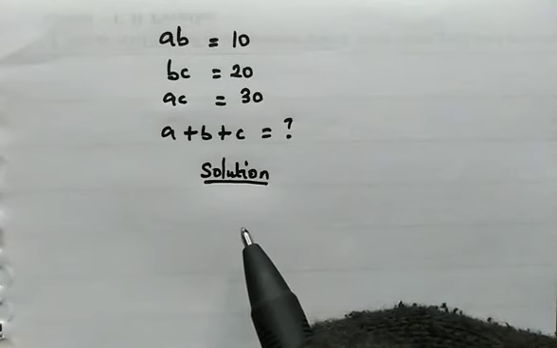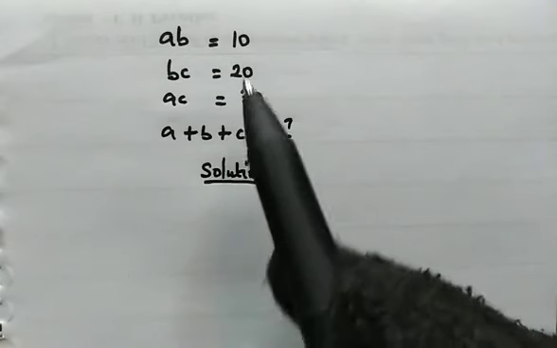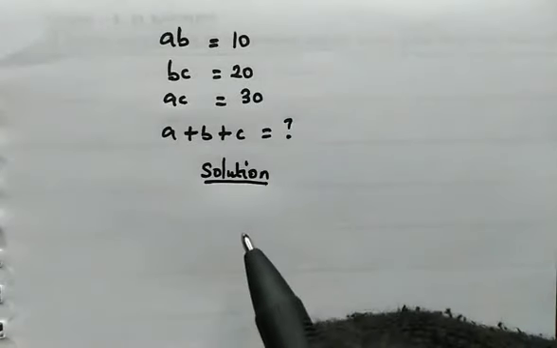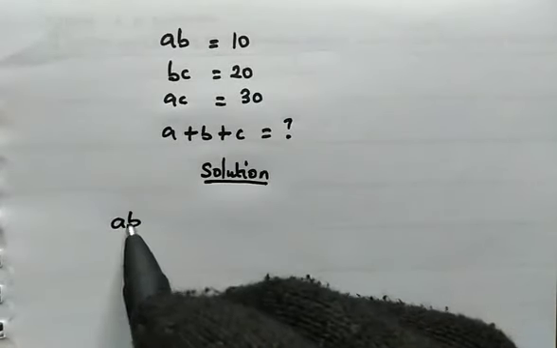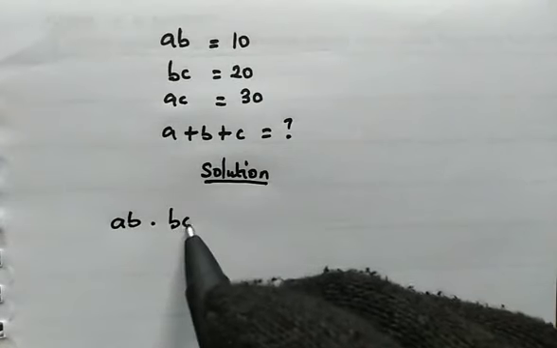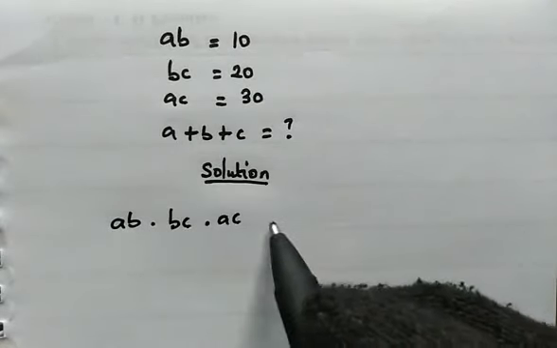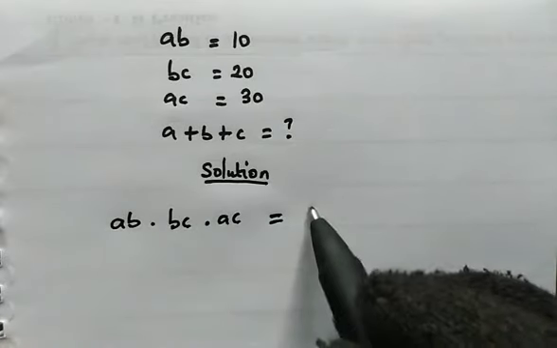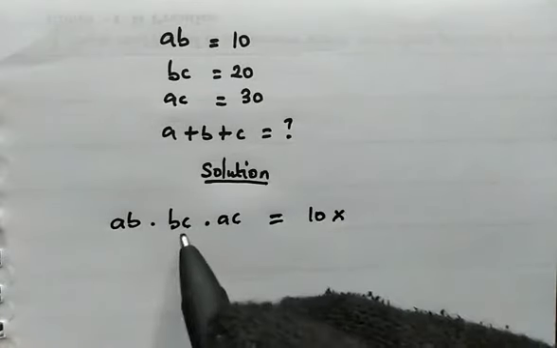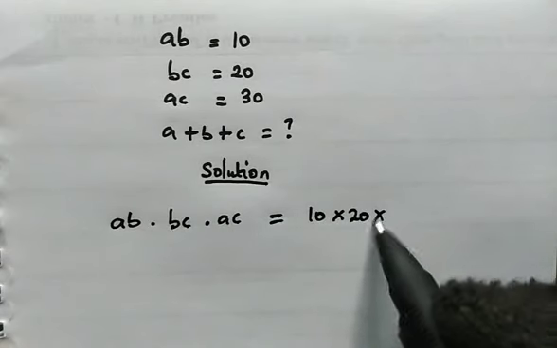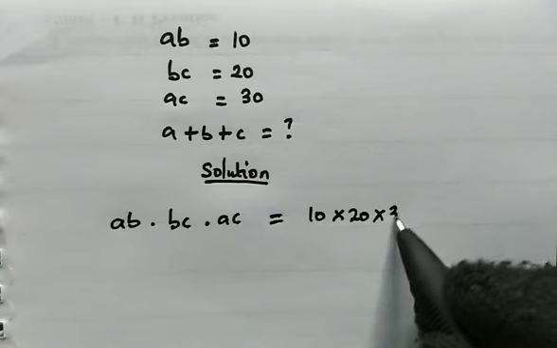Now, let's get started. Let us try multiplying the three equations together. That is AB multiplied by BC multiplied by AC. This will be equal to AB is 10 multiplied by BC is 20 multiplied by AC, which is 30.